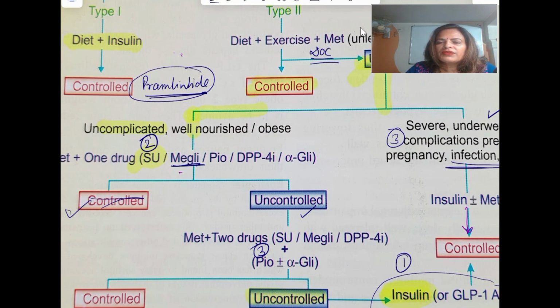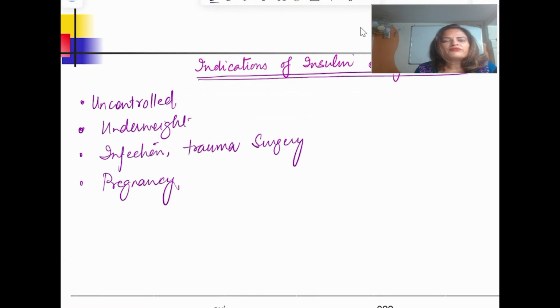Diabetic ketoacidosis is the main complication of type 1 diabetes mellitus, but here also, if you see any complication, then we have to put the patient on insulin. Then during pregnancy, and to tide over infection, trauma or any surgery, we have to put the patient on insulin. So these are a few indications of insulin in a type 2 diabetes mellitus patient: if it is uncontrolled, if the person is underweight, to tide over infection, trauma and surgery, and during pregnancy.